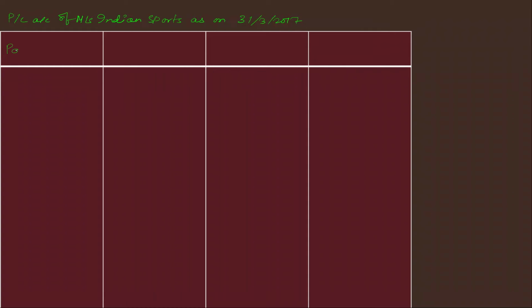Okay, so this side we have particulars, amount, particulars, amount. So bad debts in the book it is given 1,000.